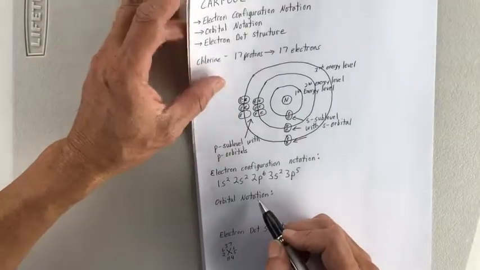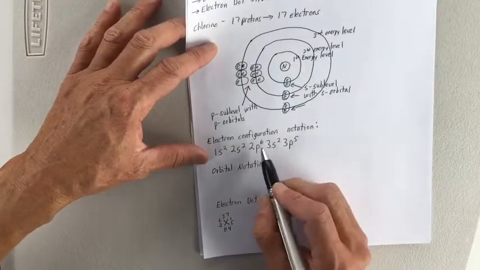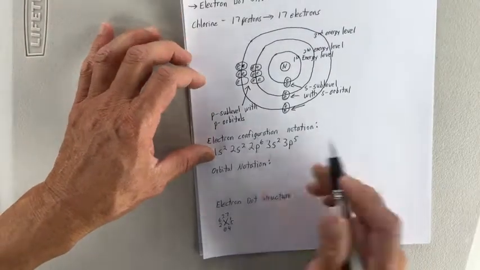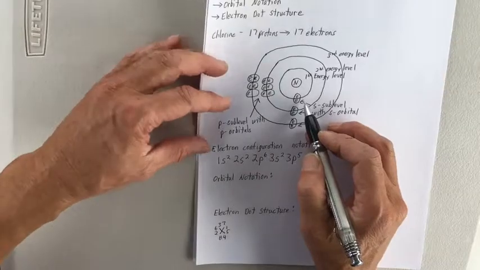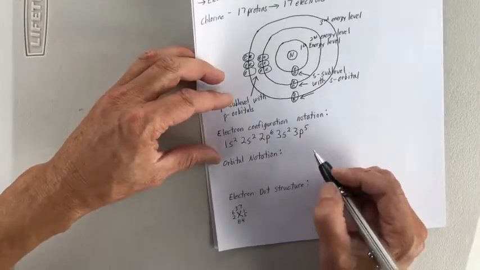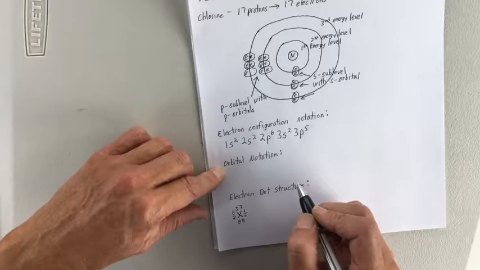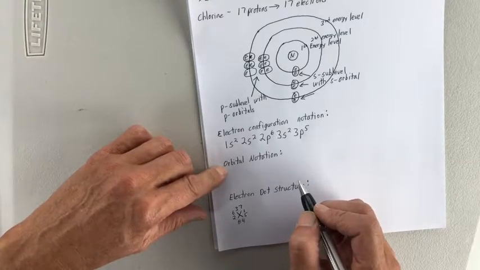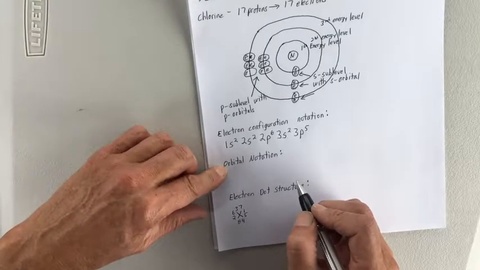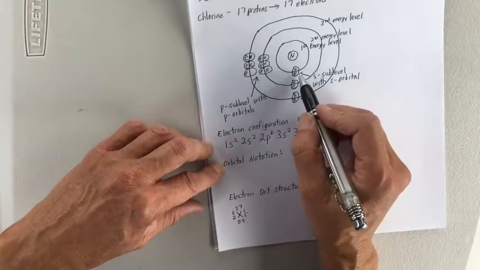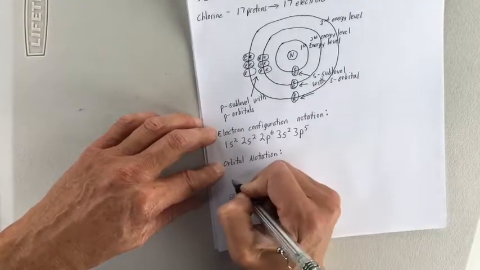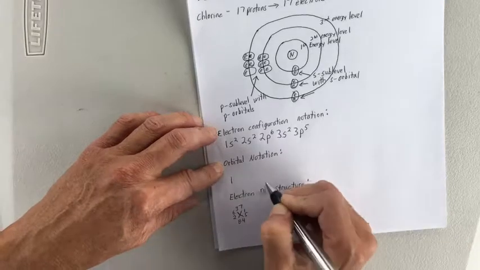Now the orbital notation is similar. It's kind of like between the electron configuration notation and our planet diagram, where it's partly visual too. So what we do on orbital notation is we use a series of lines and arrows to represent the electrons in orbitals. For example, our first set of electrons are once again in the first energy level.